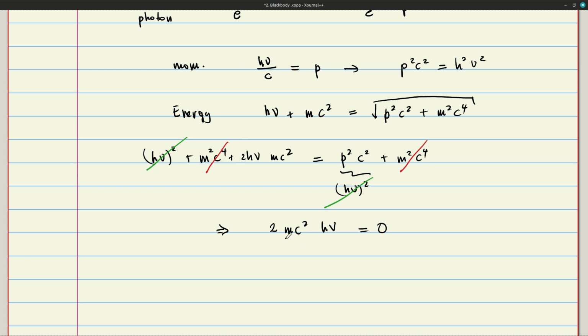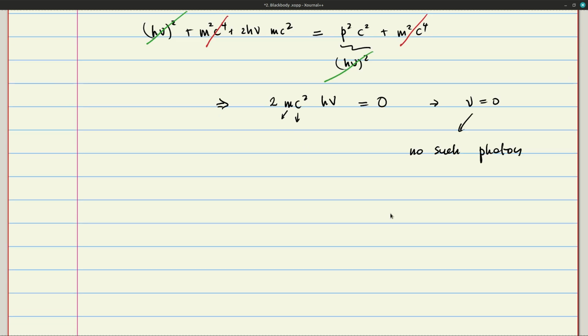So m is the electron mass, which is a fundamental constant, so that's non-zero. c is the speed of light, which is a fundamental constant, non-zero. h is also. Then this tells me nu is equal to 0, right? But if nu is equal to 0, photon momentum is 0, basically there is no such photon.